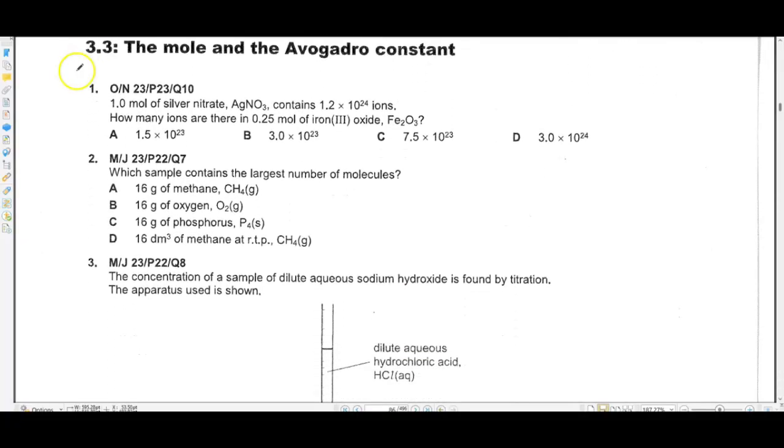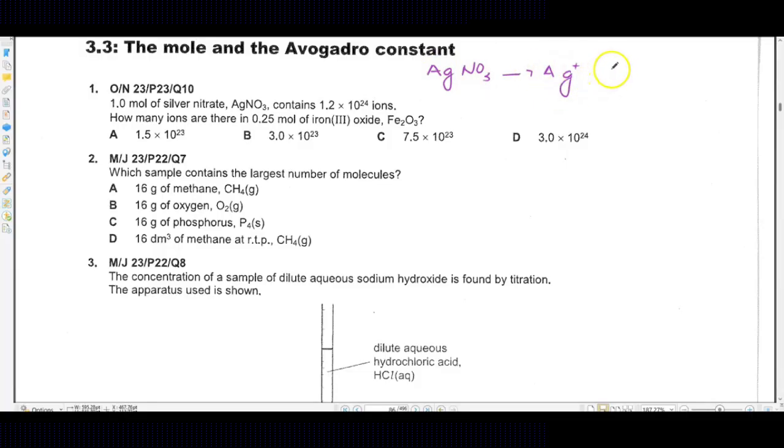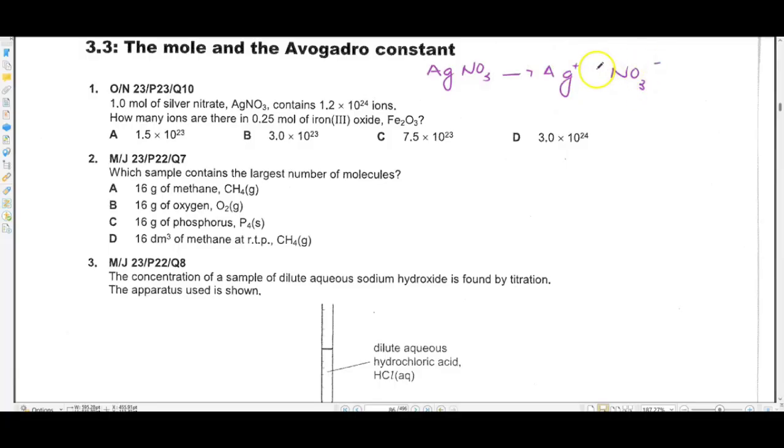Question number 1. 1 mole of silver nitrate contains 1.2 into 10 raised to the power 24 ions. How many ions are there in 0.25 moles of iron oxide? We know that in AgNO3 there is one silver ion and one nitrate ion, so there are basically two ions.